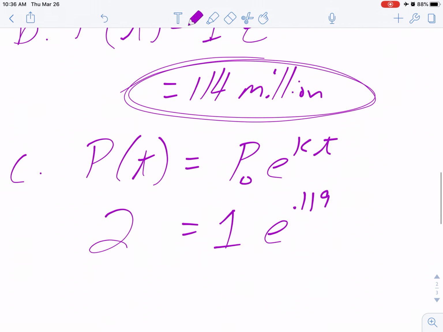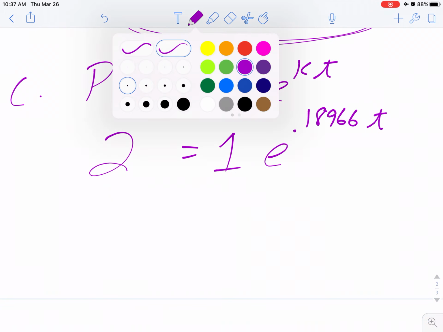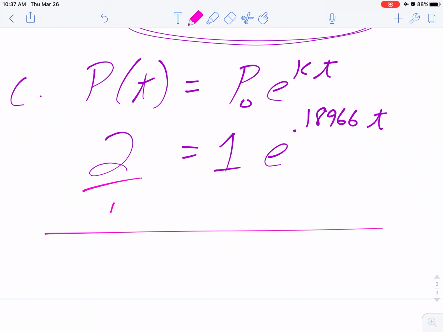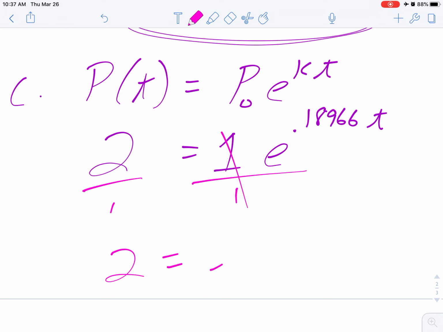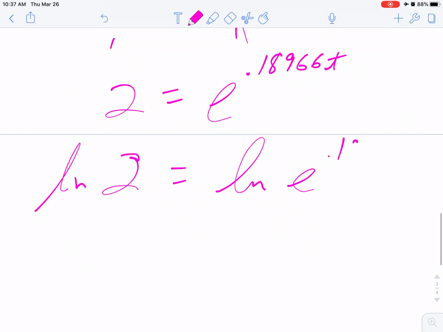It's 0.18966, and they're asking us to find how long it takes to be worth double. So again, the process is the same. Just divide by 1. We get 2 equals e to the 0.18966t. We take the ln of both sides. Use the power rule.